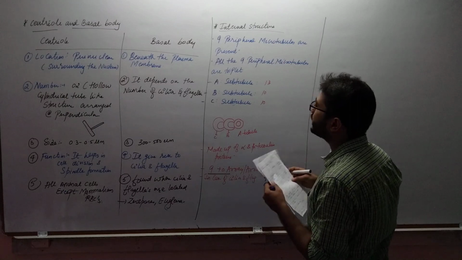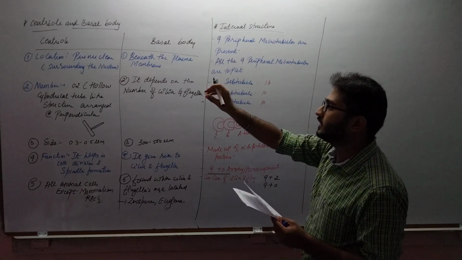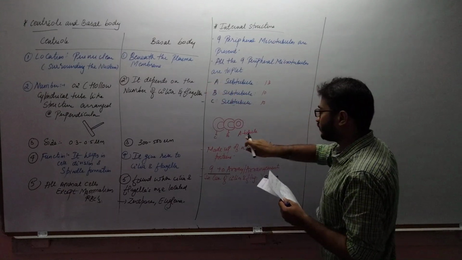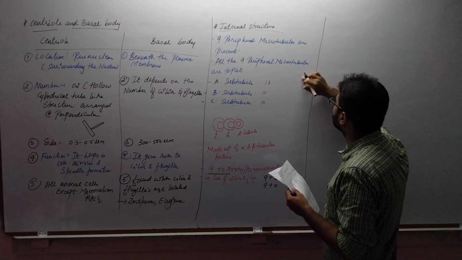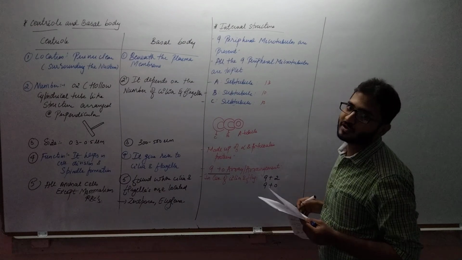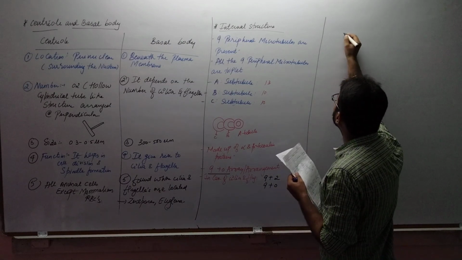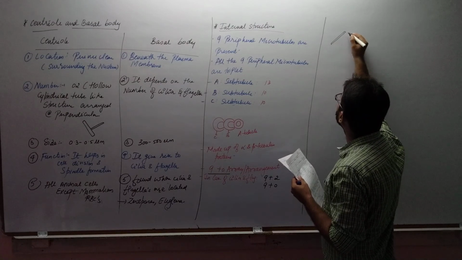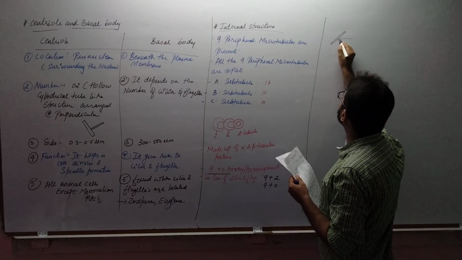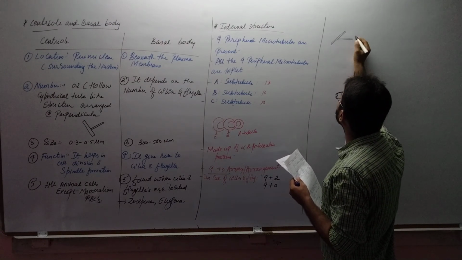So simply, if we have to draw the centriole, which is surrounded by these 9 protofilaments or microtubules, the mixture is what we call centrosome. So this is 1, then it will go to 90 degrees.